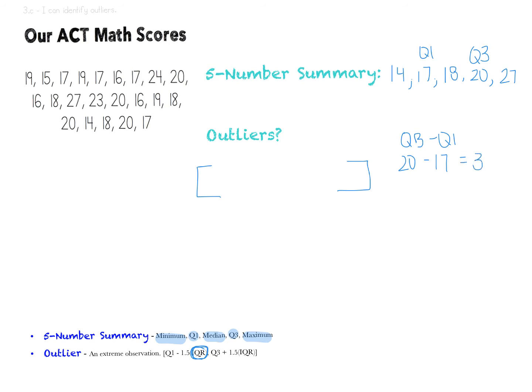And then I'm going to look at 150% of that. So that's that times 1.5. So once I do Q3 minus Q1, I'm going to multiply it by 1.5. All right, so I'm going to do 3 times 1.5.